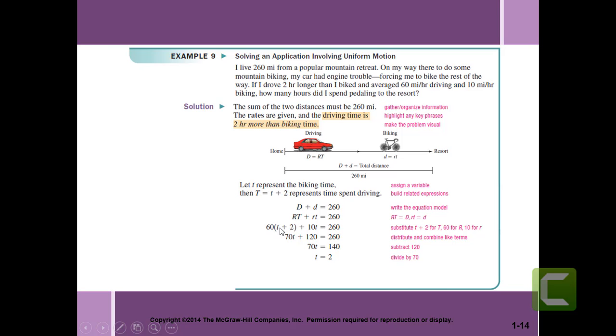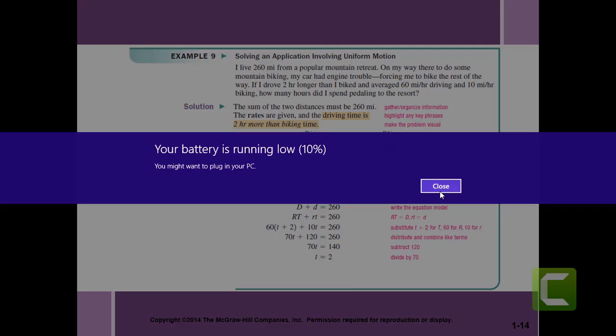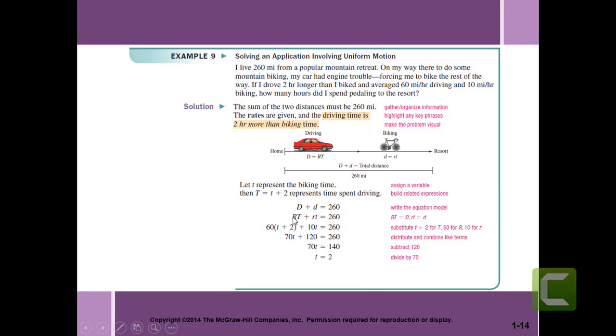So you get t plus 2, so 60. So the rate of the car is 60 miles per hour, and the rate of the bike is 10 miles per hour. And so now it's just solving for t. And once you solve for t, you get t equals 2. And this makes sense because time is going to be positive.